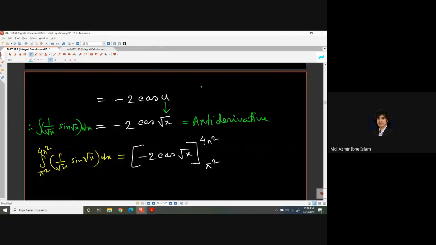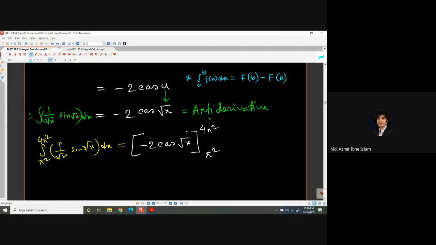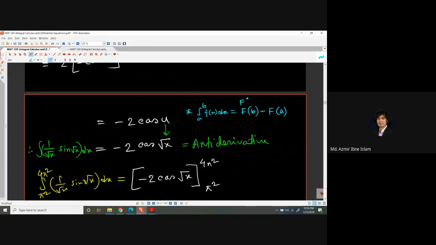The fundamental theorem of calculus says that integration from a to b of f of x dx is equal to the antiderivative at the upper limit minus the antiderivative at the lower limit. So we are going with this form. We have the antiderivative here, so we can input the upper limit where we have x. In that part we are inputting b and a.